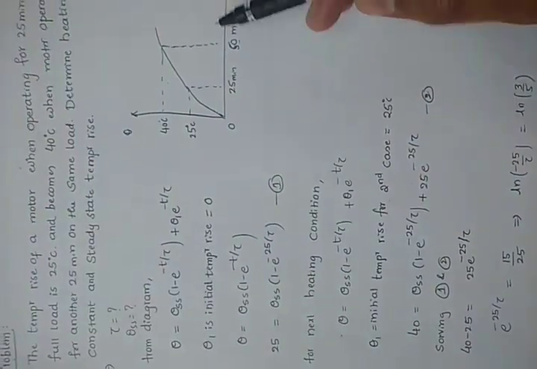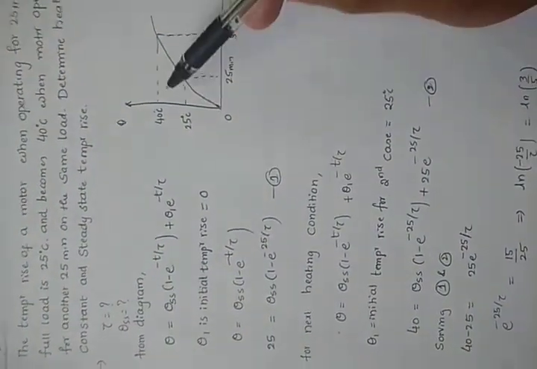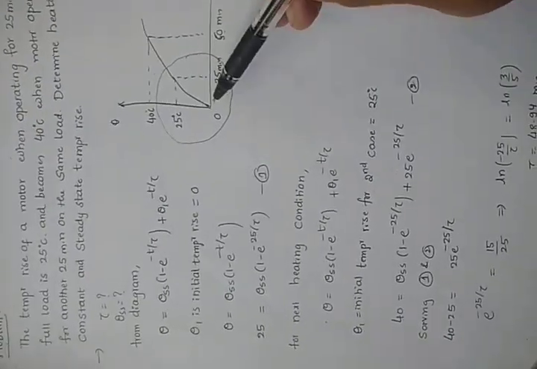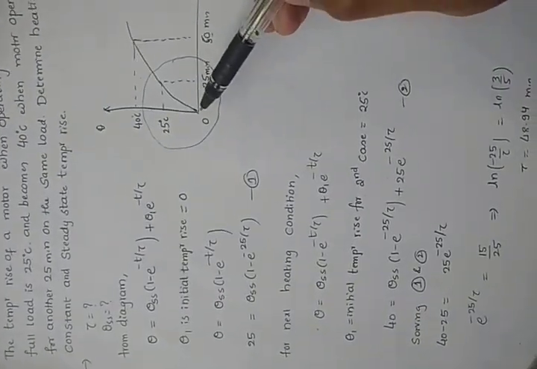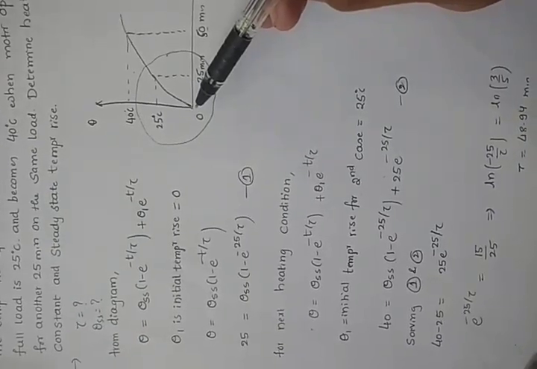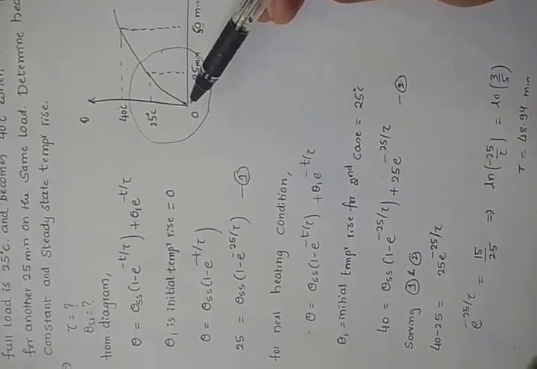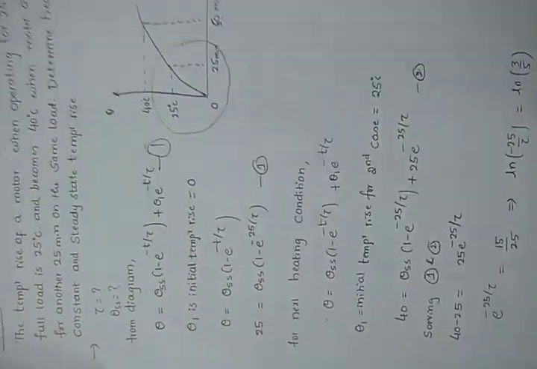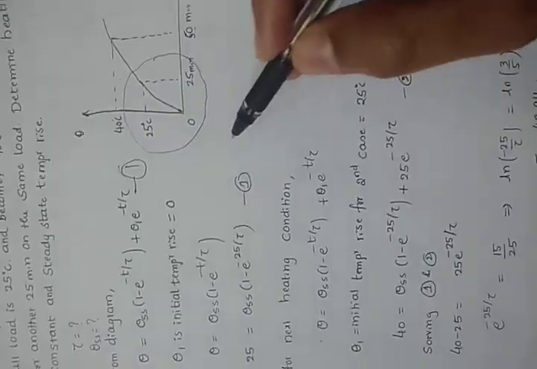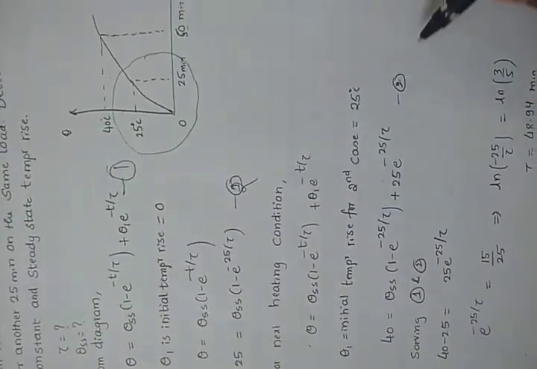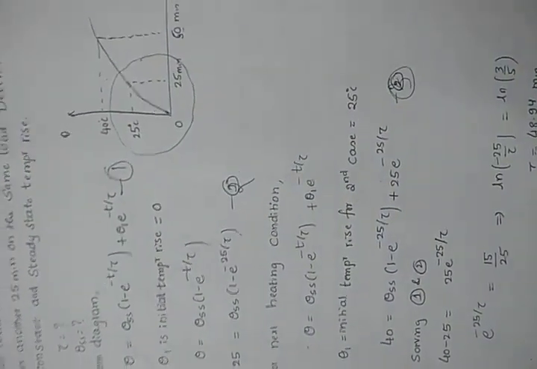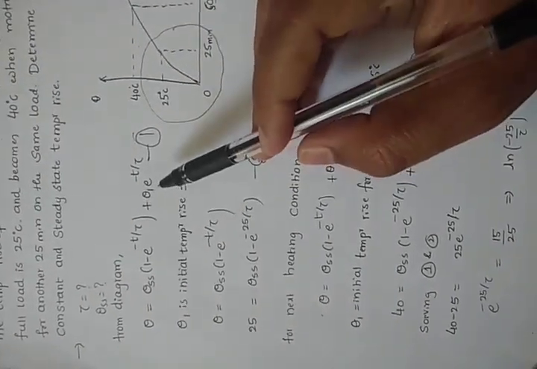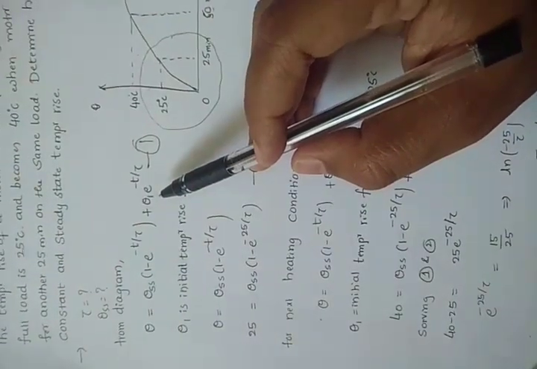For the first case, what is the initial temperature rise? It is starting from 0. Let us call this equation number 1. Starting from 0 means theta 1 will be 0.